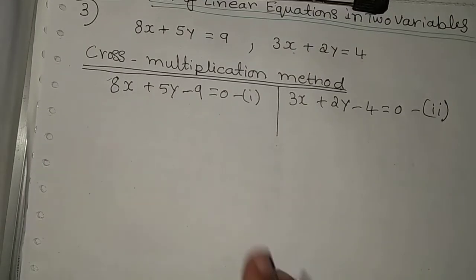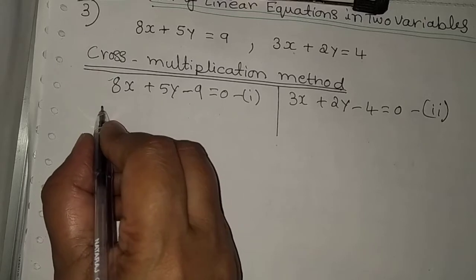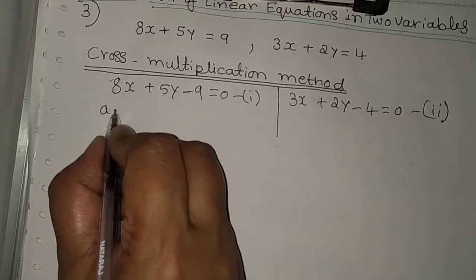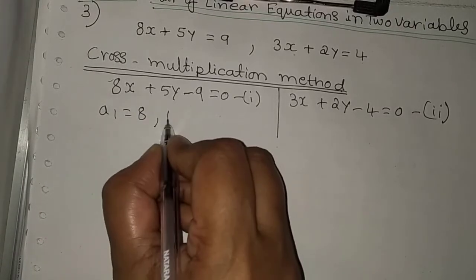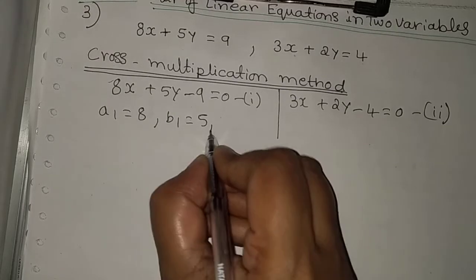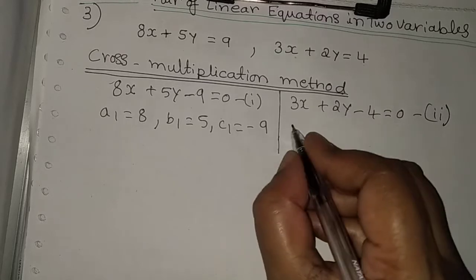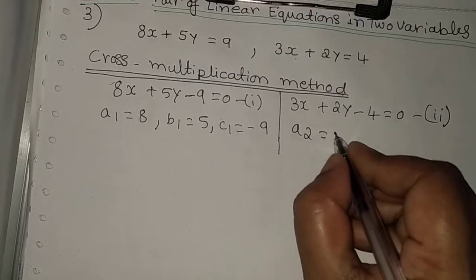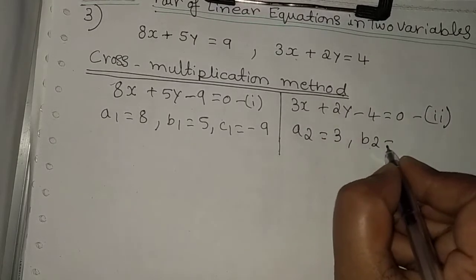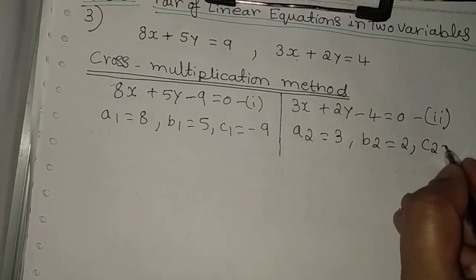These are the two equations. Now in the first equation a1 is equal to 8, b1 is equal to 5 and c1 is equal to minus 9. Next in the second equation a2 is equal to 3, b2 is equal to 2 and c2 is equal to minus 4.